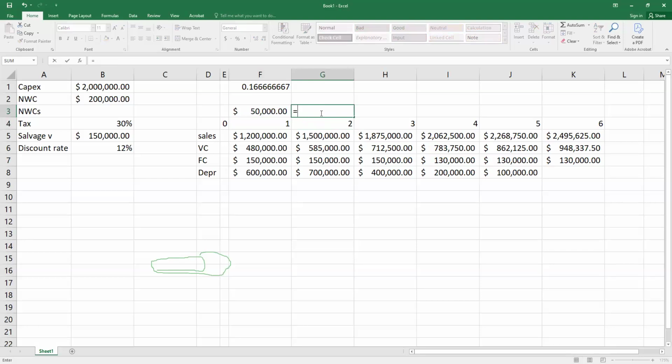Now we are in year two, so in the previous years we have two net working capitals remaining, 50,000 and 200,000. These should be subtracted when you calculate year two. So 0.16 multiplied by this year's sales, minus 200,000. The word cumulative is a keyword that you use in the adjustment.